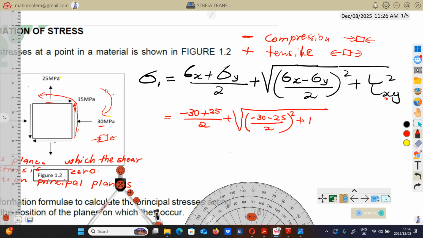That's why we're going to have positive shear stress. This 15 is for shear stress. So we're going to have positive 15 squared. Then you press calculator, you'll have 28 MPa.